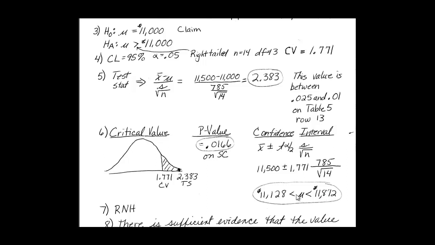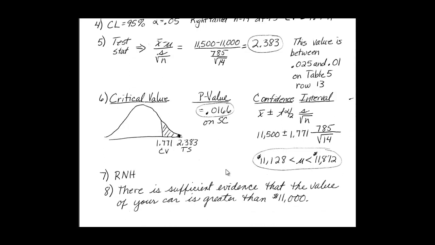Well, that 11,000 isn't even in this confidence interval. And this is a 90% confidence interval. We're 90% confident that the true mean value would be in this confidence interval. So that again is more evidence. All three of these support the decision to reject the null hypothesis. There is sufficient evidence that the value of your car is greater than 11,000.